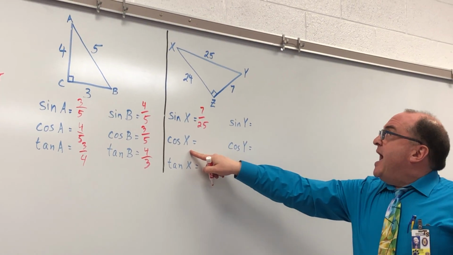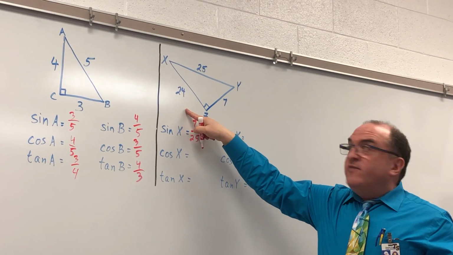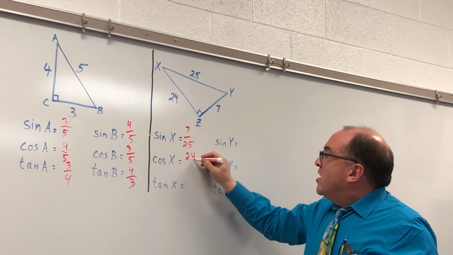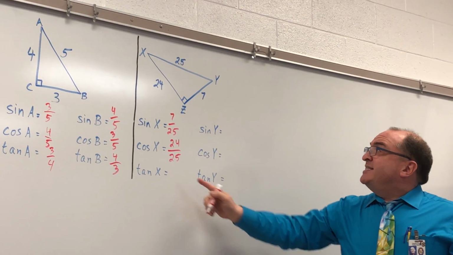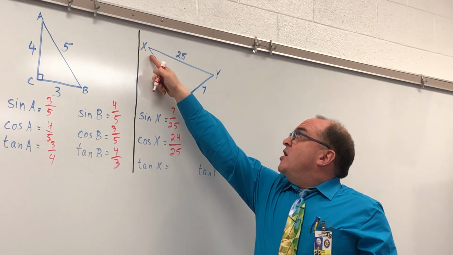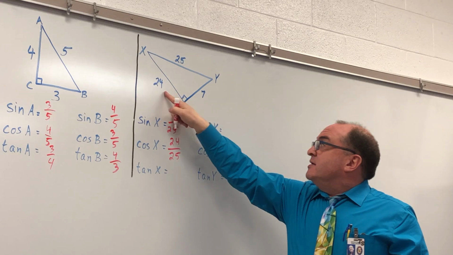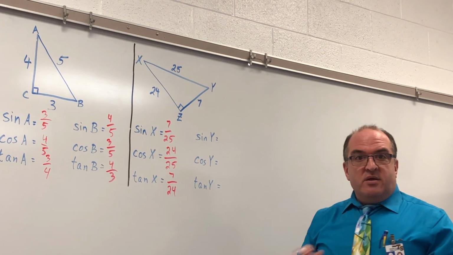Cosine X. What's adjacent to X? 24. What's the hypotenuse? 25. 24 over 25. Done. Tan of X. What's opposite X? 7. What's the adjacent? 24. 7 over 24. Done.